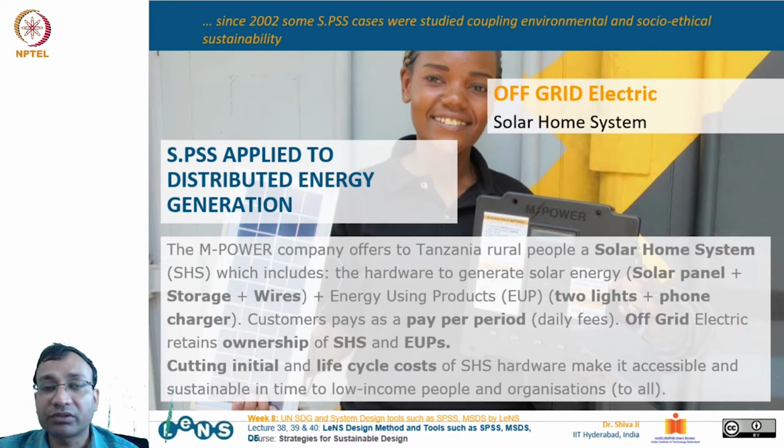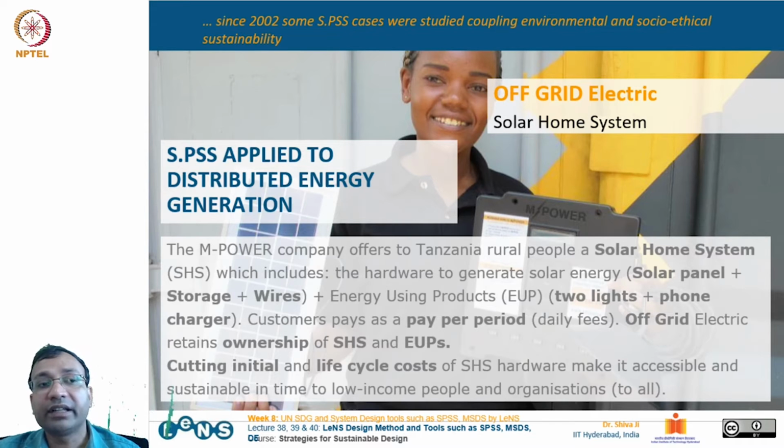It's a home-based solar system to provide power to families. This M Power company offers Tanzanian rural people a solar home system, SHS, which includes the hardware to generate solar energy, solar panel plus storage plus wires, and energy-using products, EUP, two lights, a phone charger, etc. Customers pay per period, like on a daily basis.